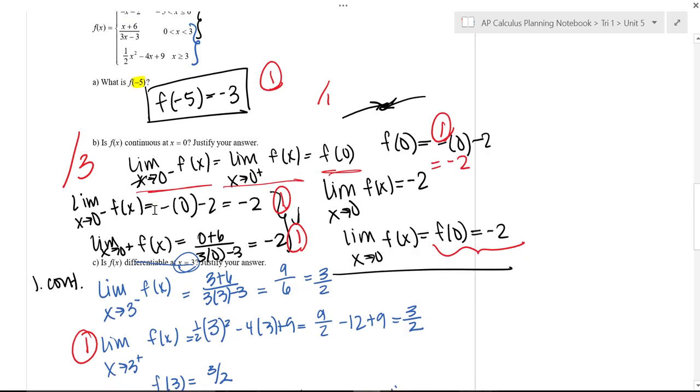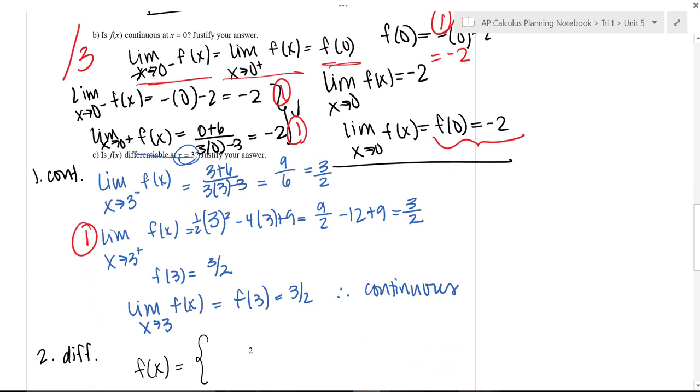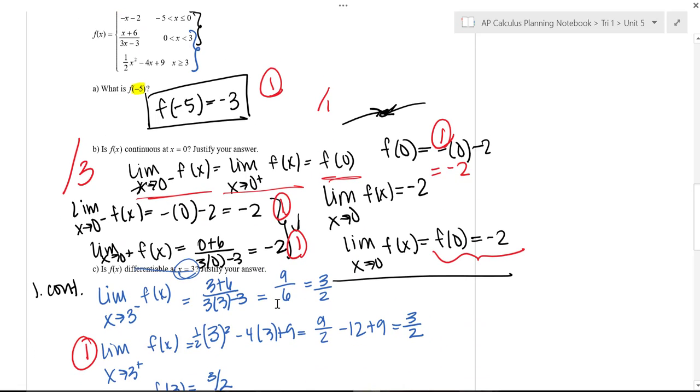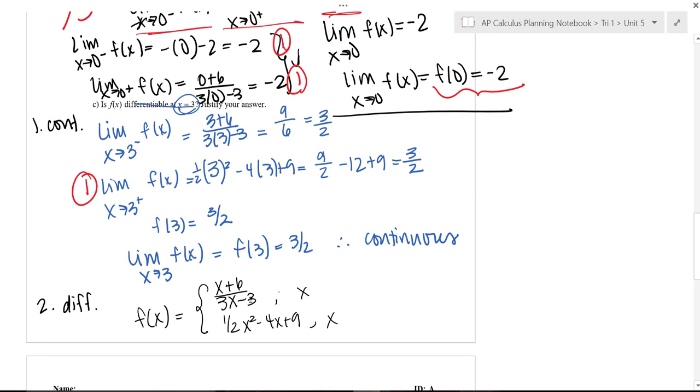So that x plus 6 over 3x minus 3. And then you also had that second piece, which was 1/2 x squared minus 4x plus 9. This was for the x values 0 to 3, and then greater than or equal to 3.